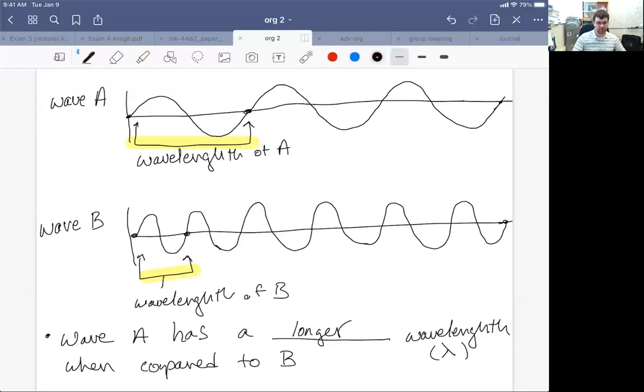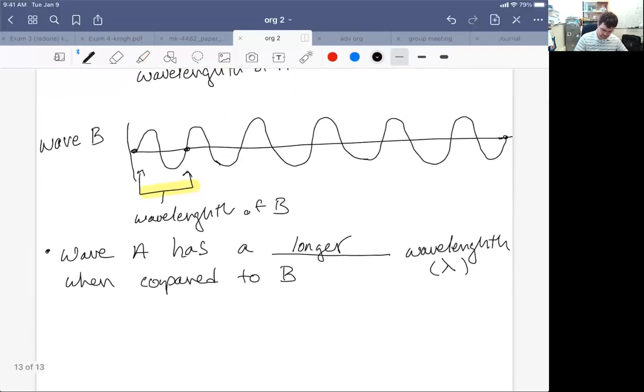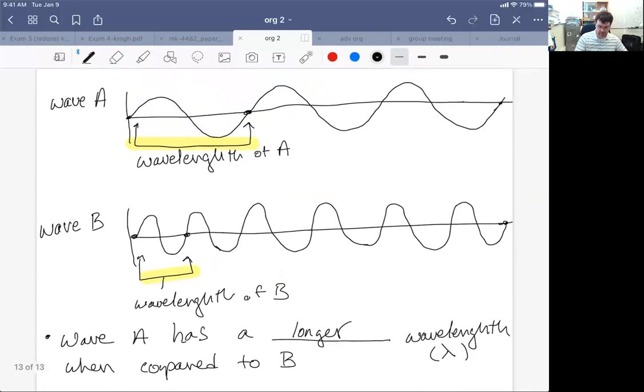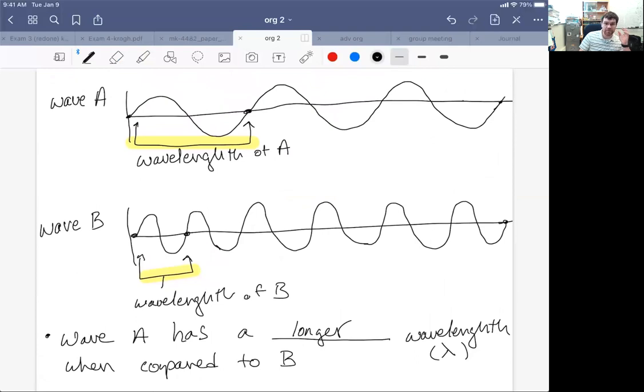So we've looked at one property, the wavelength. What about the frequency? If we compare the frequency of these two, we would say that wave A has a lower or higher frequency than wave B. Frequency is the number of periods that occur per unit of time.